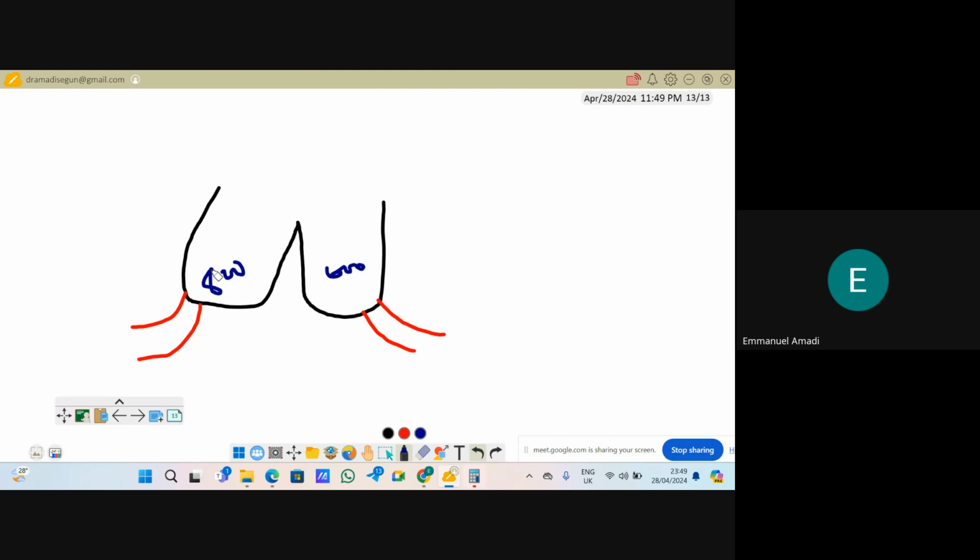So you're going to hear the pulmonic valve first. Then, sorry, you're going to hear the aortic valve first because the aortic valve is the left side of the heart. So the aortic valve, we empty 600, the left ventricle rather, we empty 600 first into the aorta. So the aortic valve we close first.